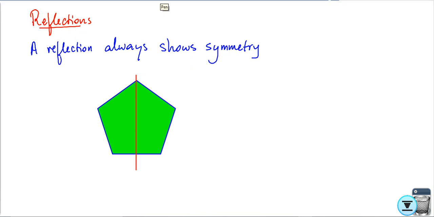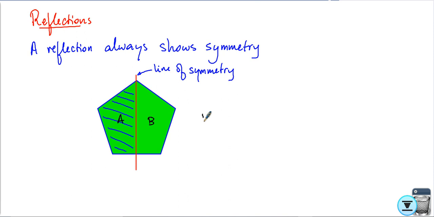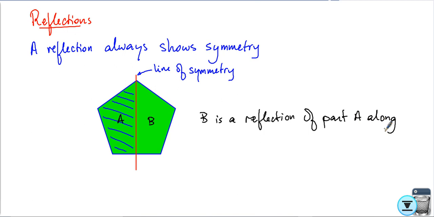So we can say that this side has been reflected by this line of symmetry. And we say that if this is part A, this is part B. Part B is a reflection of part A along the line of symmetry.